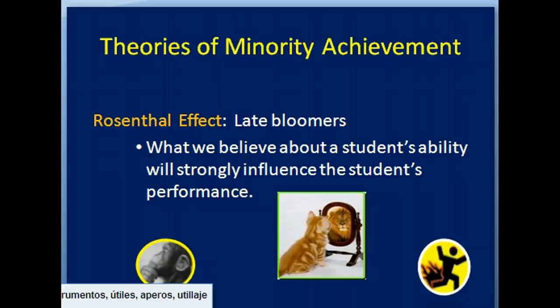Now, because the teacher thought that these students were, quote-unquote, special, she had high expectations for them and believed in their ability to achieve beyond the norm. Now, these students did outperform all other students in the class, even though their ability was similar or equal to the rest of the class.